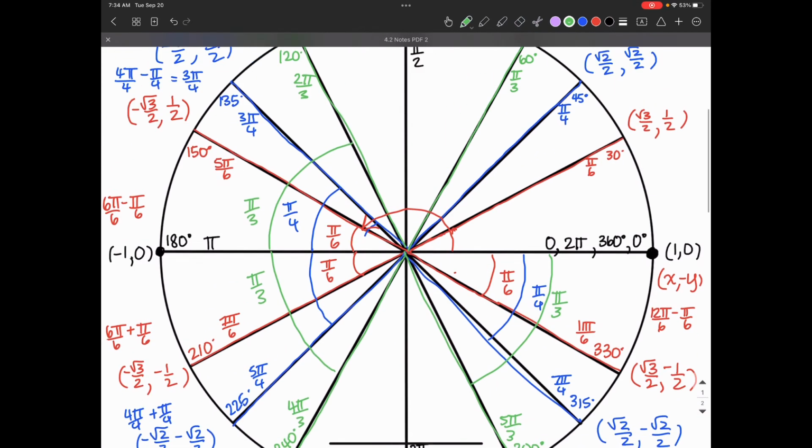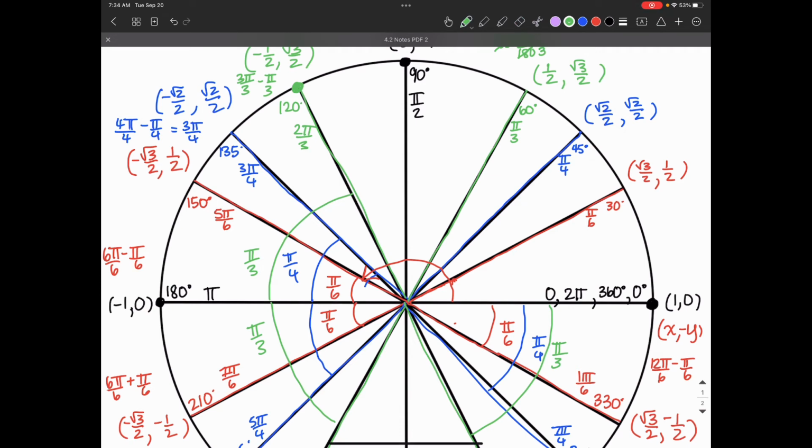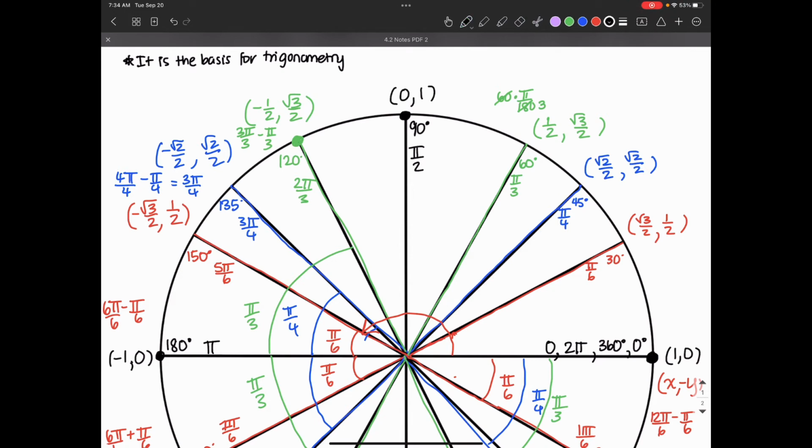Okay, that's the unit circle and all the things that you need to know on the unit circle: the radians, the degrees, and the coordinates. A special thing about the coordinates is that all the x values are equal to cosine of theta. For cosine it's adjacent over hypotenuse, but the hypotenuse is 1, so I'm just going to have the x value over 1, or just x, when I do cosine of theta.